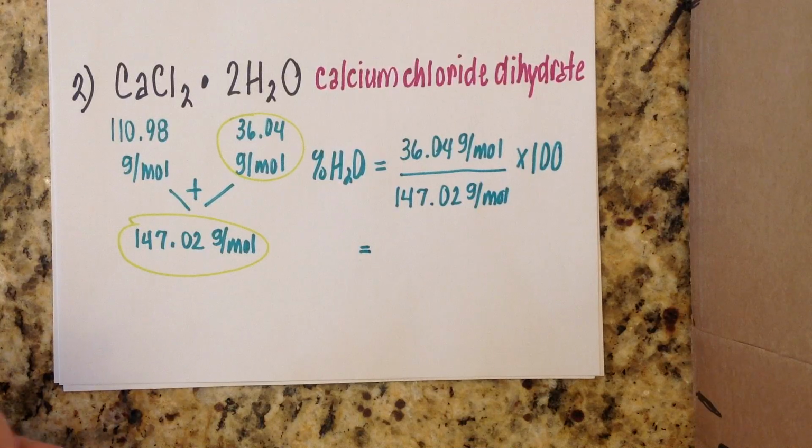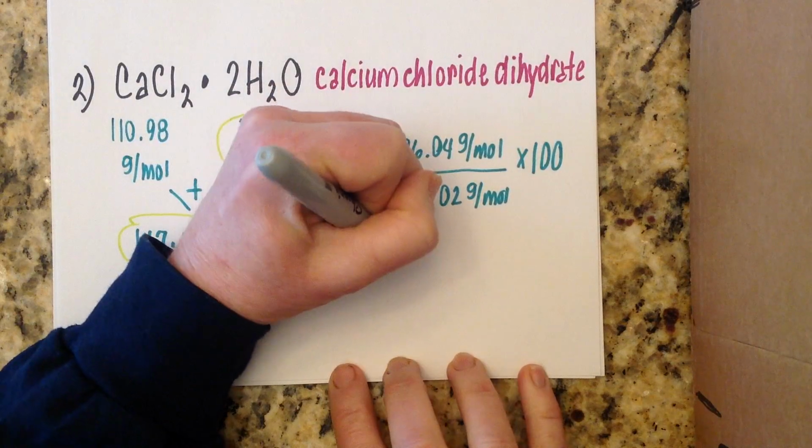That way you actually know if you're getting them right. It's really easy just to watch and say, yeah, I've got that, but you truly never know until you've put it into the calculator. Also, you guys might need to check behind me because sometimes I make a mistake. So times 100, I'm getting 24.51, so we're going to say it's about 25% water.